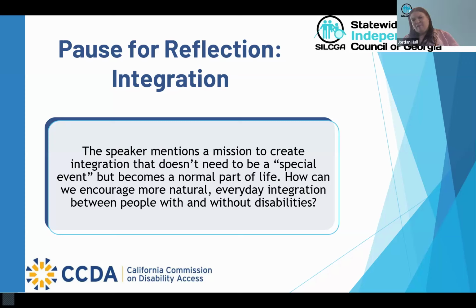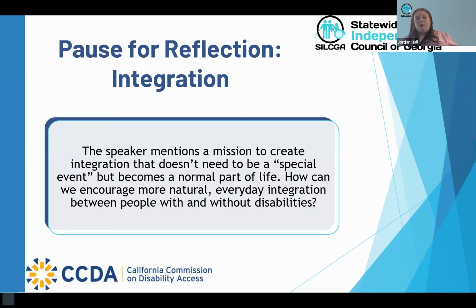Speaking to that, I know that a lot of us that know our rights can be aggressive, but what I have found in my experience is to lead with compassion. If I lead with compassion and I go into something with the mindset that if people are given the opportunity to know what my needs are, or they physically see me experience a barrier and they get to know me, they're going to want me to be a part of their community.